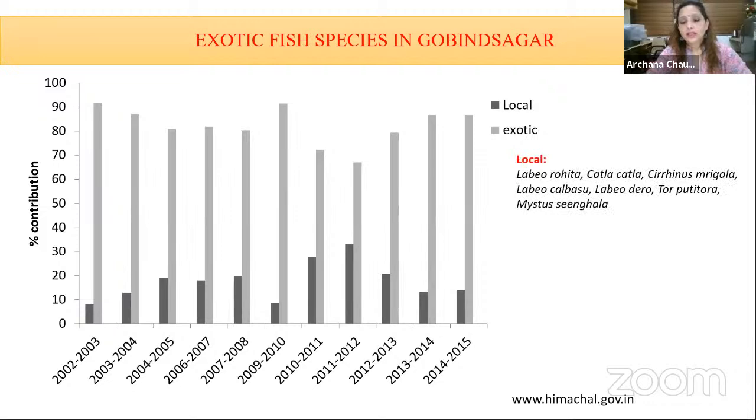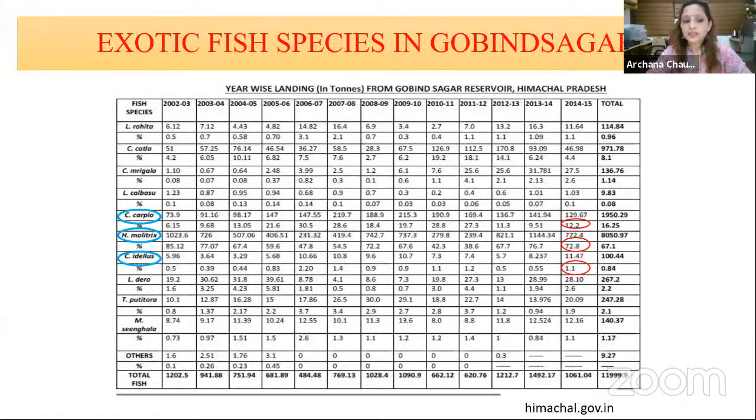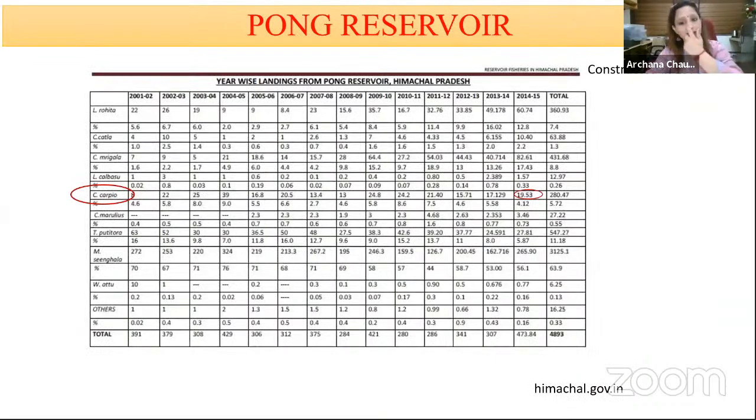Among the different types of exotic fishes, we can see that the percentage of Cyprinus carpio and two other fishes is higher compared to the others. Similarly, in the Pong reservoir, here we have highlighted the percentage of Cyprinus carpio.